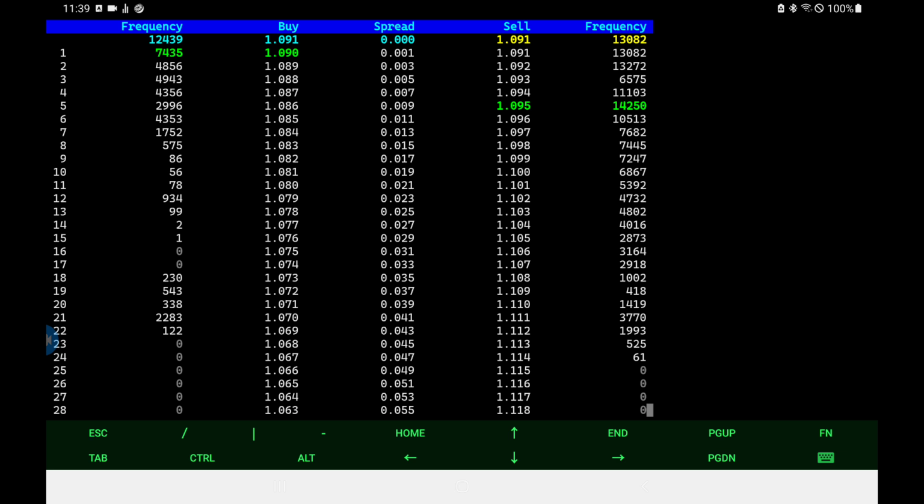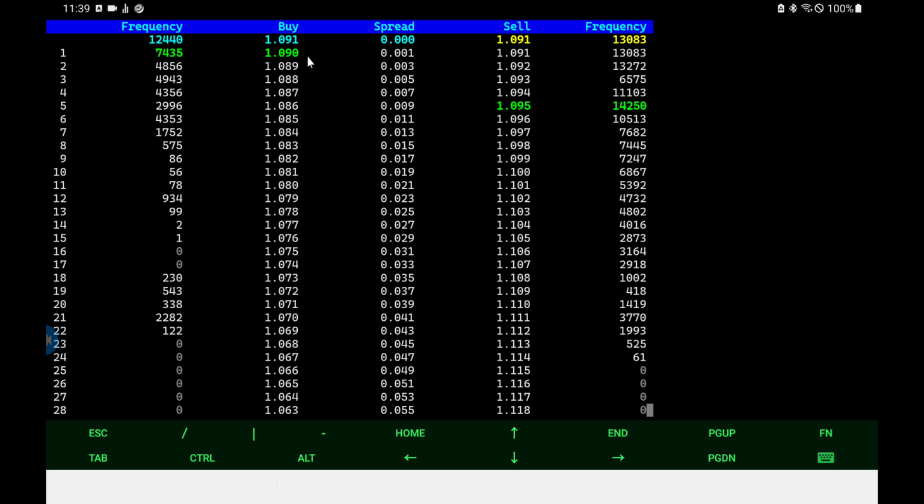So frequency counting is where you actually measure where price has been. And we can see that this particular price, 1.095, price has actually been here 14,000 times in the last 48 days.